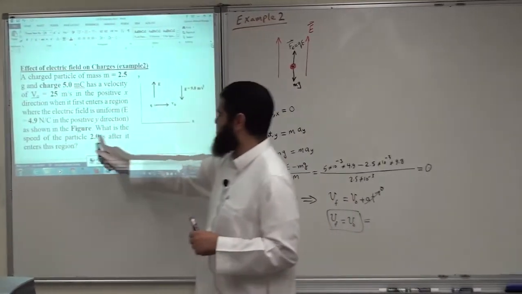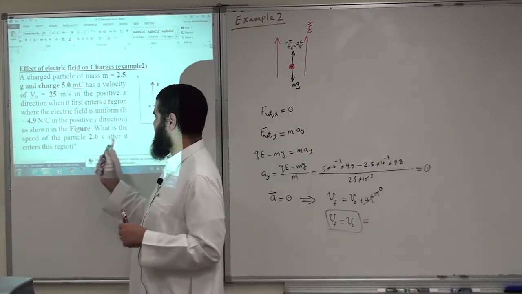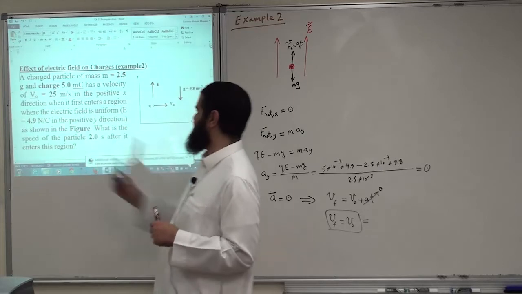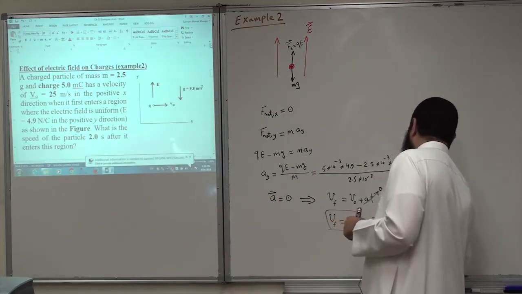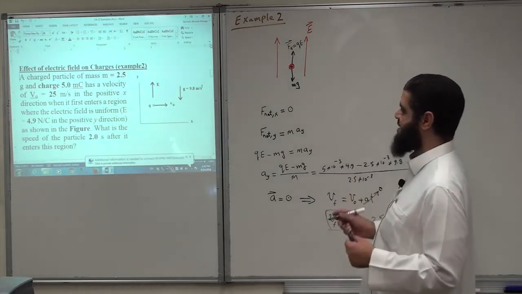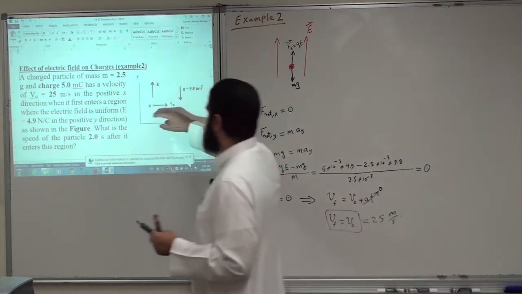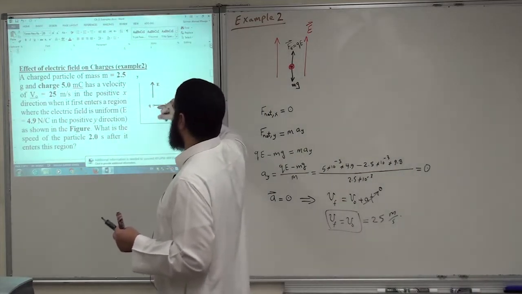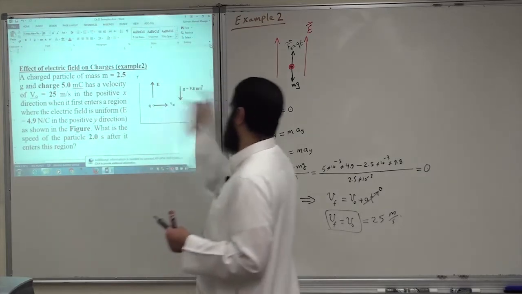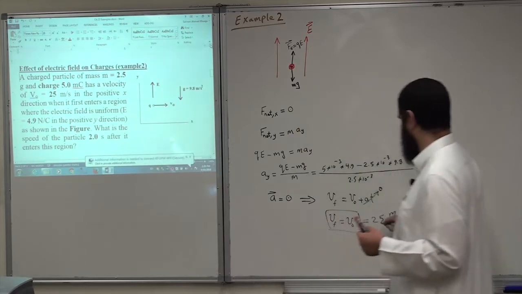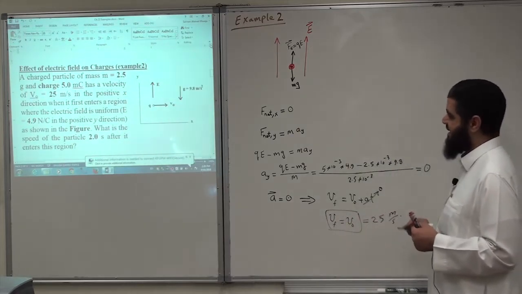What is the final speed after 2 seconds? It will be the same as the initial, which was 25 meter per second. And it will be in the same direction also, because there is no acceleration neither on the y-axis nor in the x-axis. So it will be also along the positive x-axis.